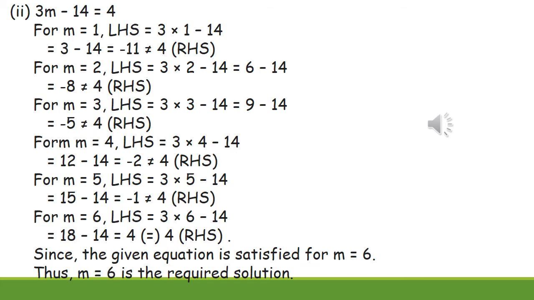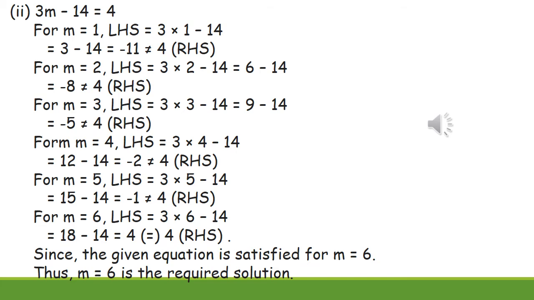Similarly, with m is equal to 2, we are getting 3 into 2, that is 6 minus 14, it is minus 8, which is again not equal to RHS. Now we are trying with the value of m as 3. LHS becomes 3 into 3 minus 14, that is 9 minus 14 equal to minus 5. Again it is not equal to RHS.